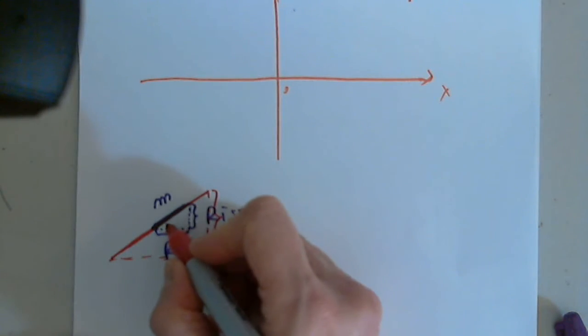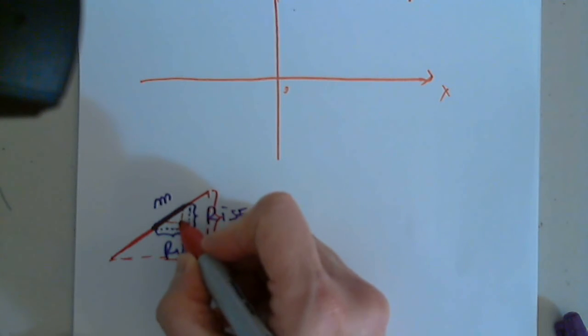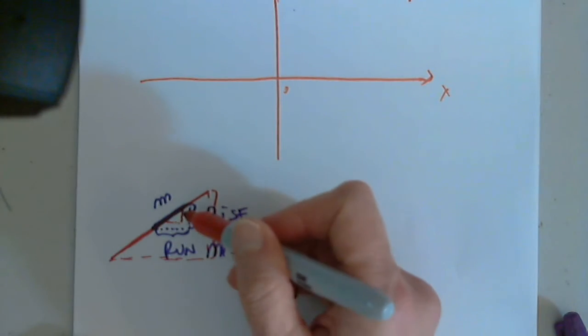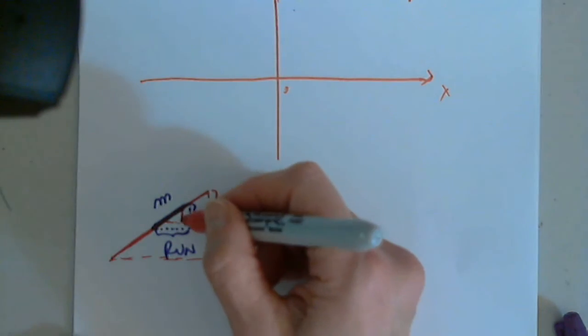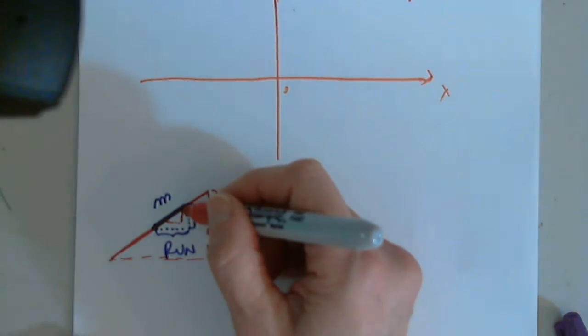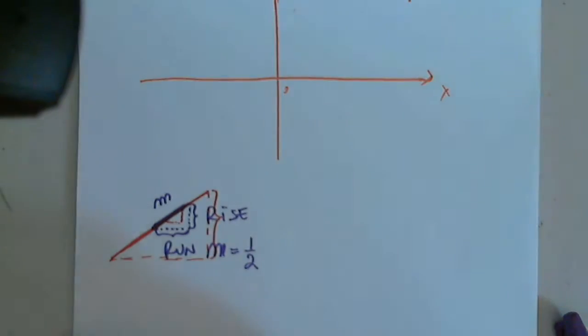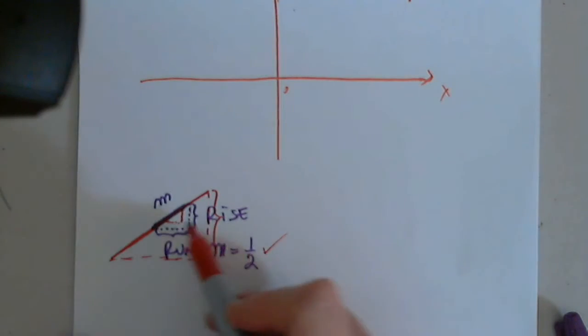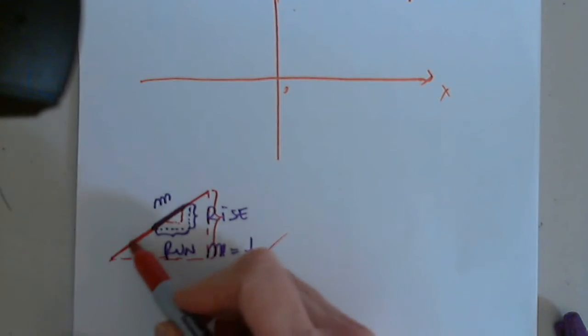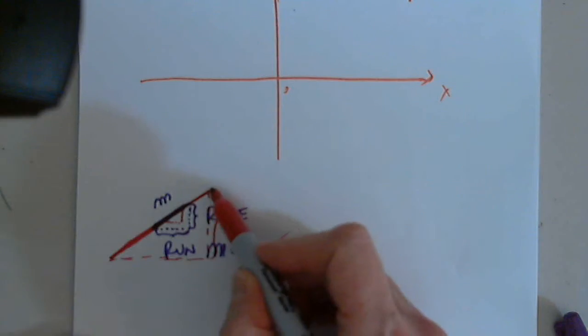So it doesn't matter. I can even use this triangle. And I'll say this is 0.4 and this is 0.2. And I still get the same slope. So it doesn't matter how small or how big a triangle, because the slope will always be the same.